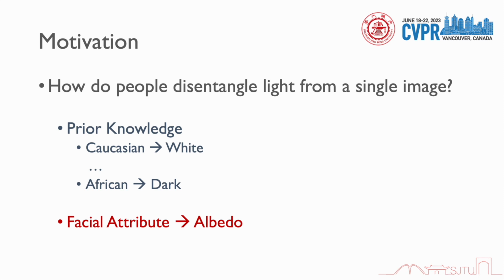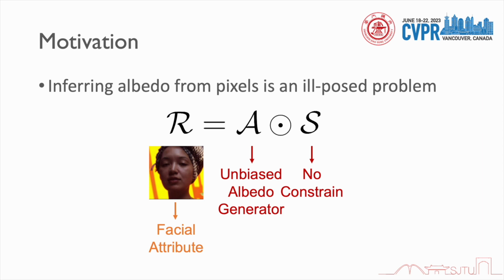However, race alone is insufficient because the albedo of different individuals within a race varies due to age, skin color, and other factors. Therefore, we attempt to use diverse facial attribute priors to constrain the albedo estimation. We choose to build an unbiased albedo generator and then use facial attribute priors to constrain how the generated albedo will appear. It is important to note that we do not apply any constraints to the lighting model.